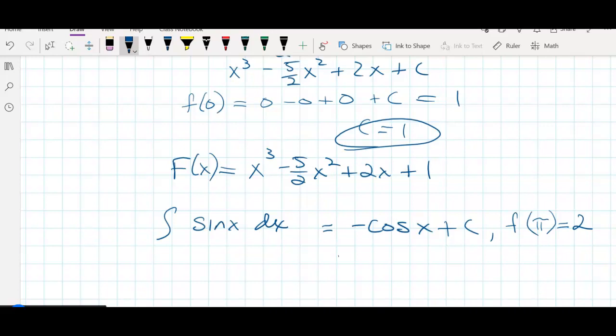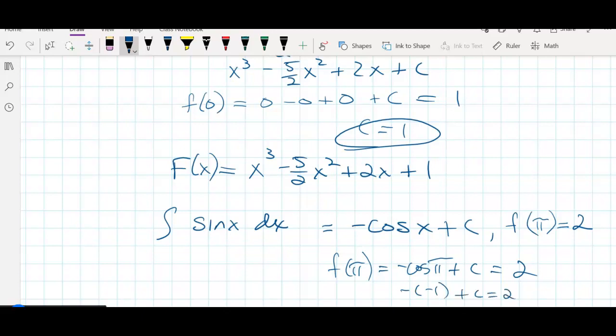So what do you do? You just plug in. What's cosine of pi? Negative 1 times the negative sine, right?